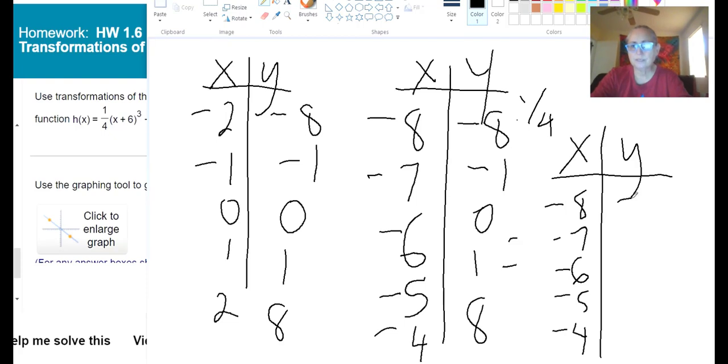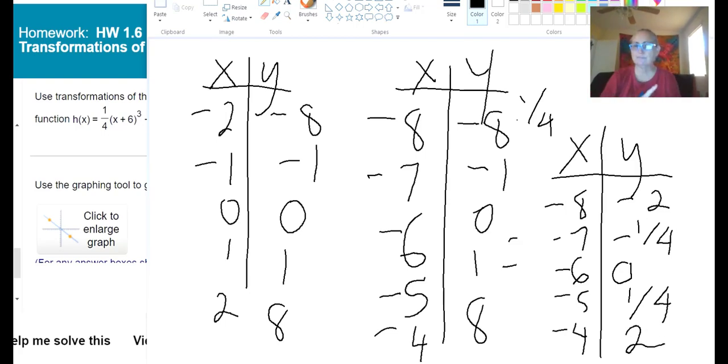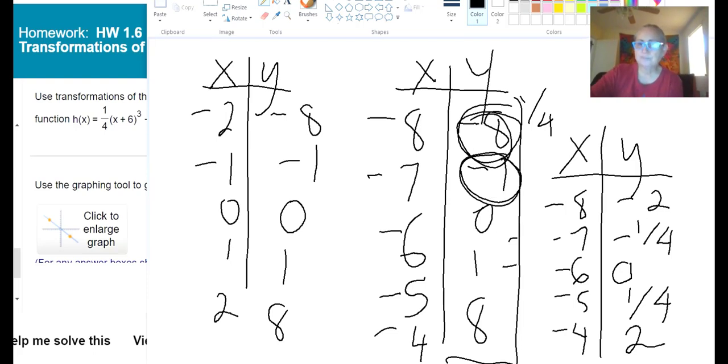So that's going to be -2, that one's going to stay at 0, that one's going to be 1/4, and that one's going to be 2, because I multiply -8 times 1/4, this -1 times 1/4, this 0 times 1/4, this 1 times 1/4, this 8 times 1/4.